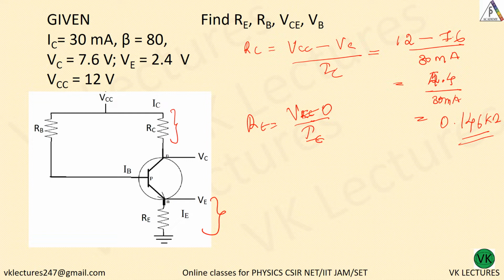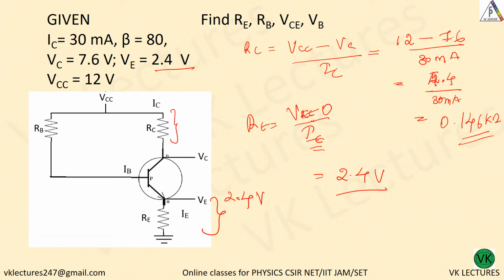So what is that? This is 2.4 volt, right? 2.4 volt VE. So 2.4 volt divided by IE.